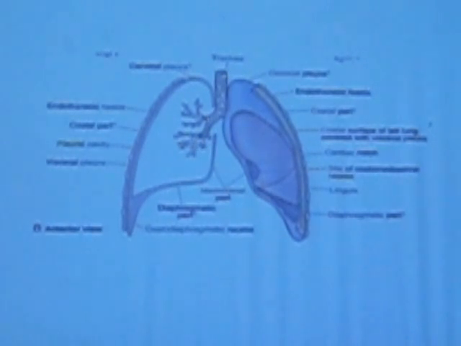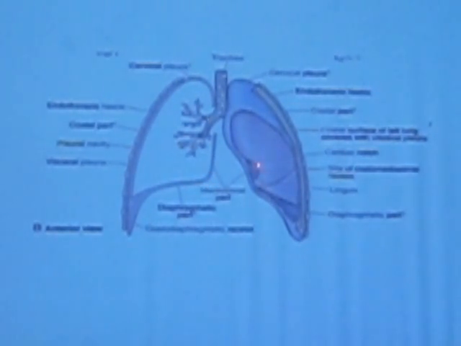Okay, this is the view of the lungs, the cut sections of the ribs, and the diaphragm. This is the costodiaphragmatic or costophrenic recess. This is the cardiophrenic recess.